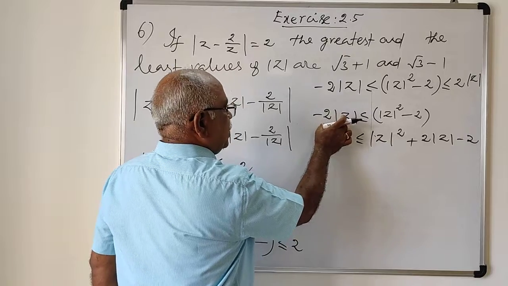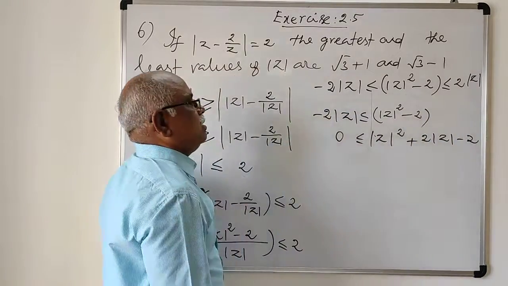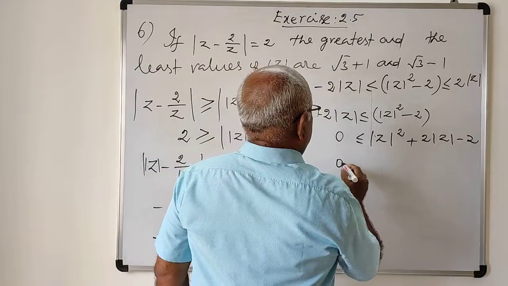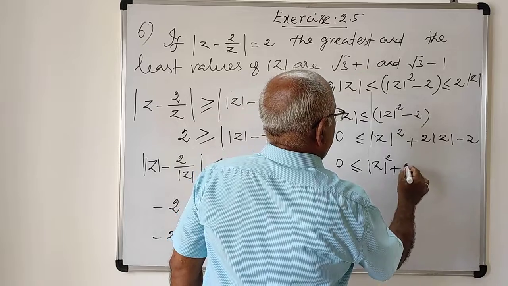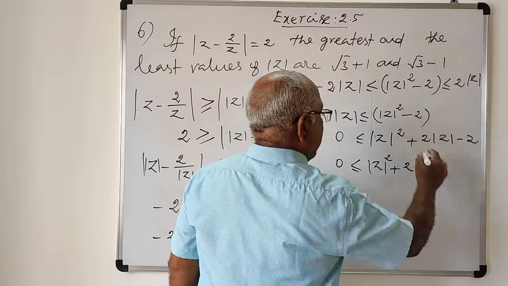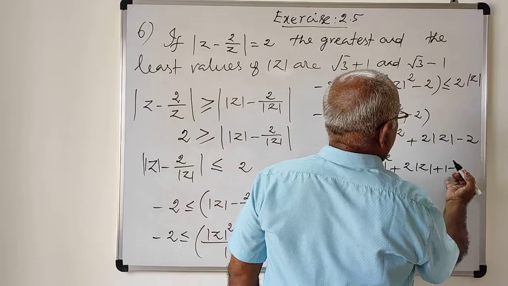So 0 is less than or equal to mod z square plus 2 into mod z minus 2. I am adding 1 and subtracting 1.